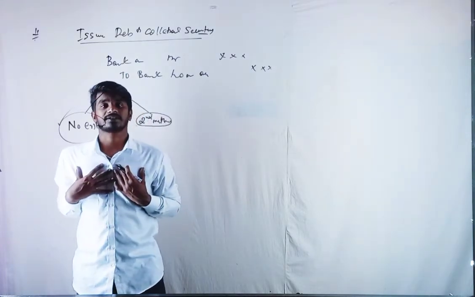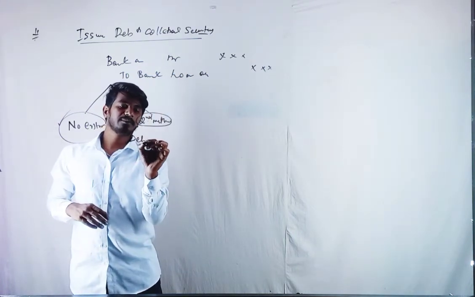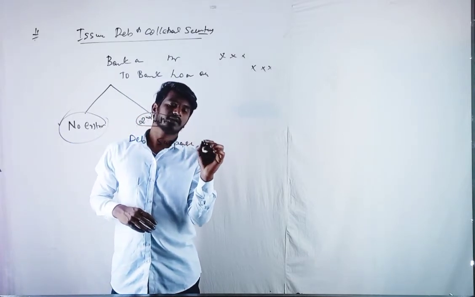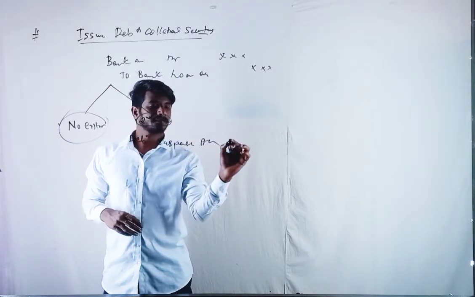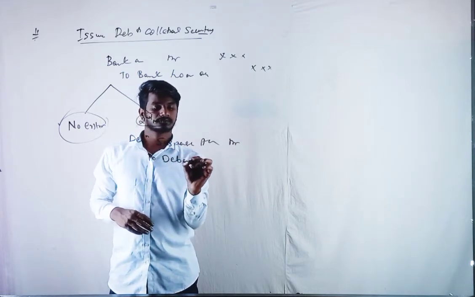For our satisfaction, we will make a dummy entry: debenture suspense account debit to debenture account.